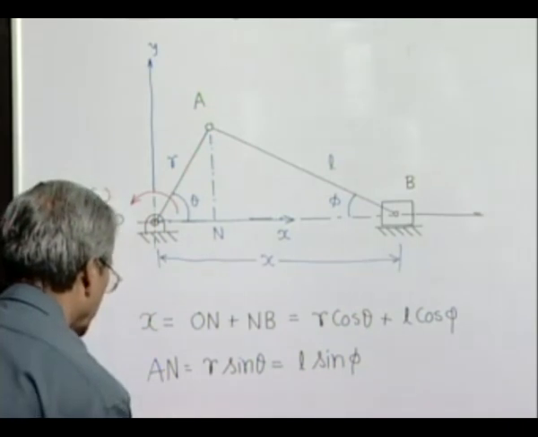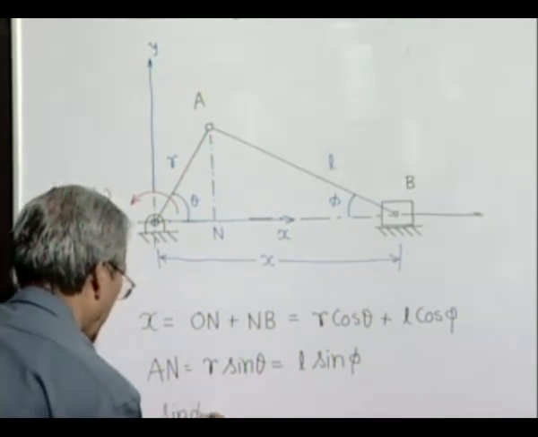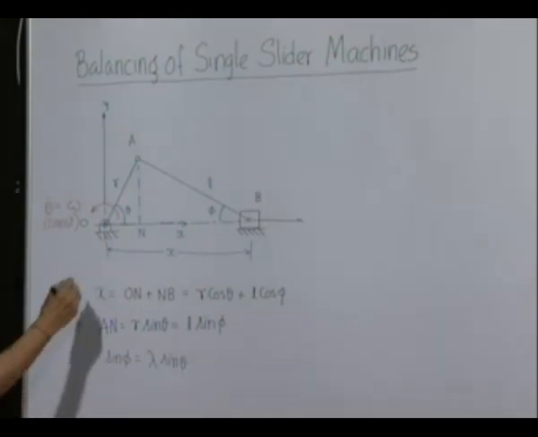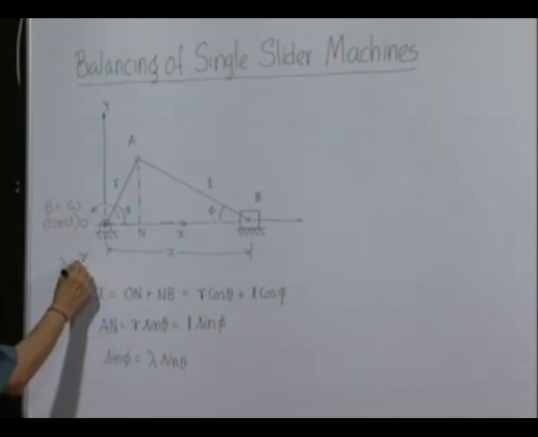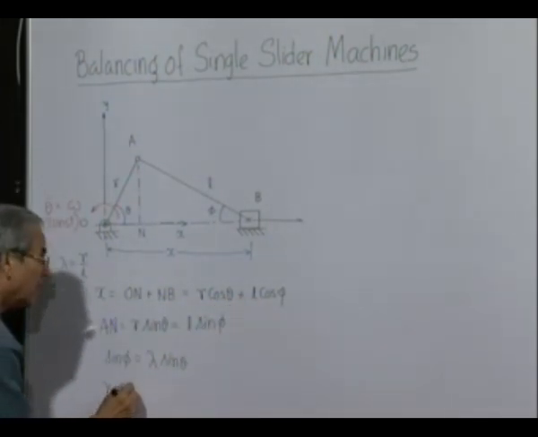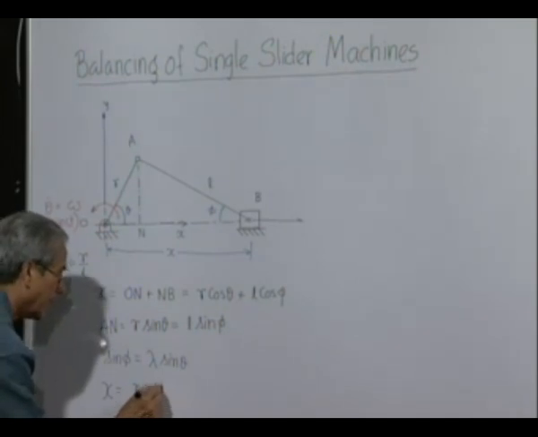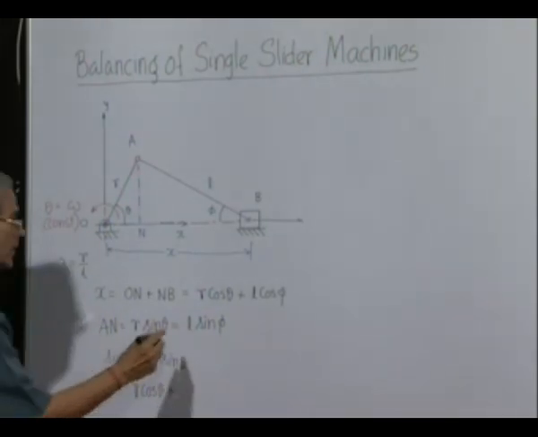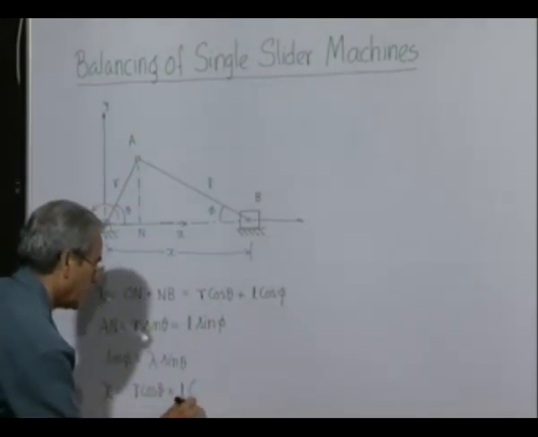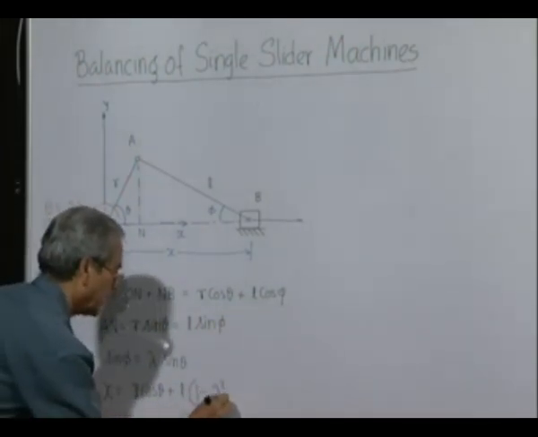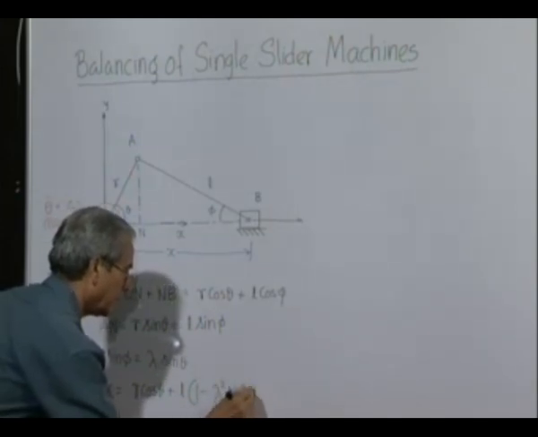So, therefore, we find that we can express sin phi as lambda sin theta, where of course lambda is equal to R by L. So this cosine phi we can then replace, x will be then R cosine theta plus L into 1 minus sin square phi, that is lambda square sin square theta, to the power half.